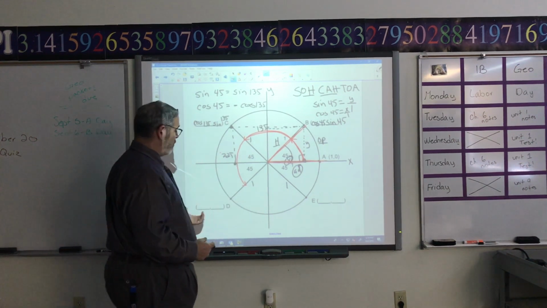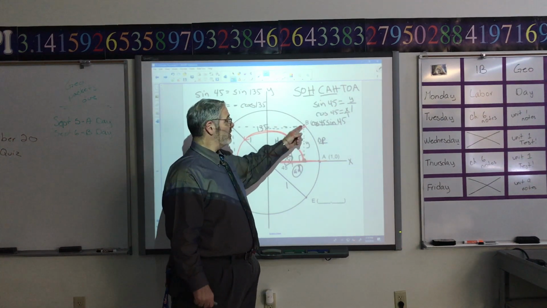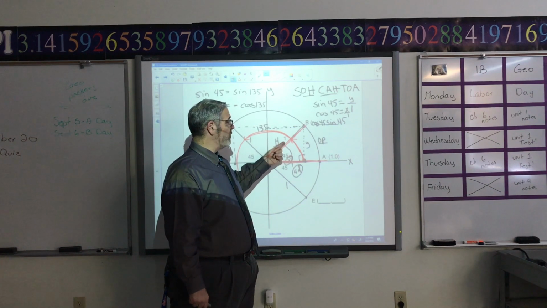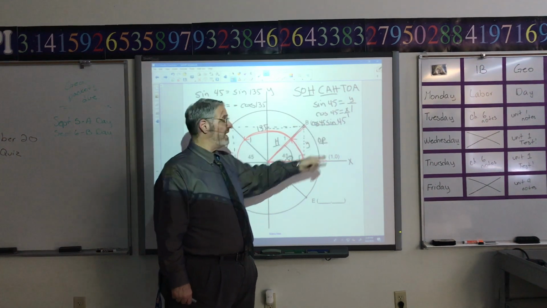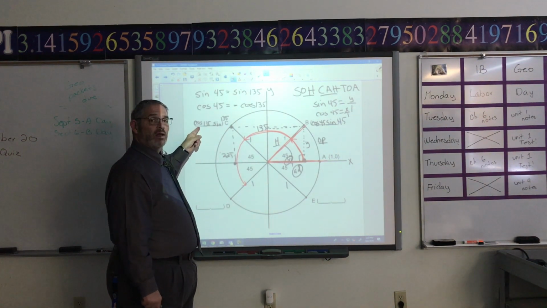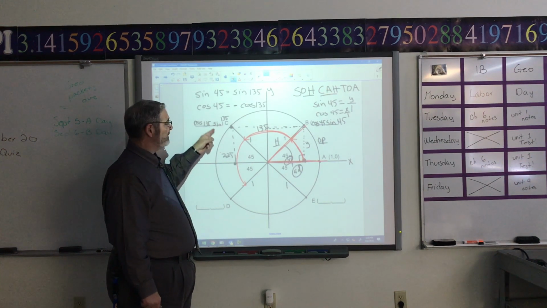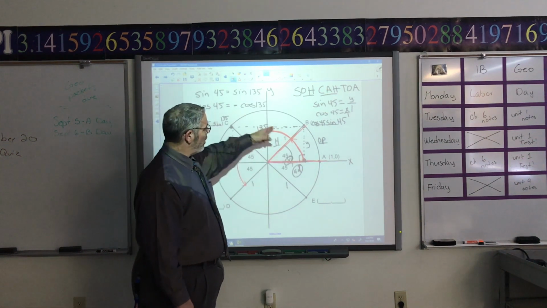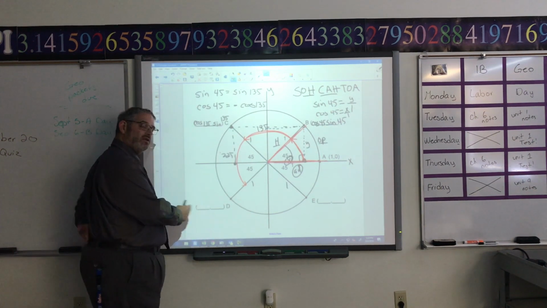So I want to find the coordinates for D. Well, if we follow along the pattern, if I have an angle of 45, then this value is cosine of 45, sine of 45. If this angle is 135, this should be cosine of 135 and sine of 135. If I go all the way around here to 225, what should this coordinate be?